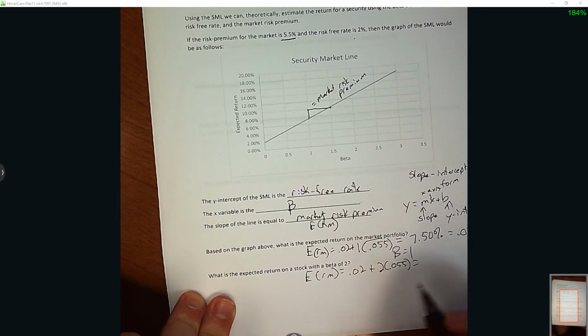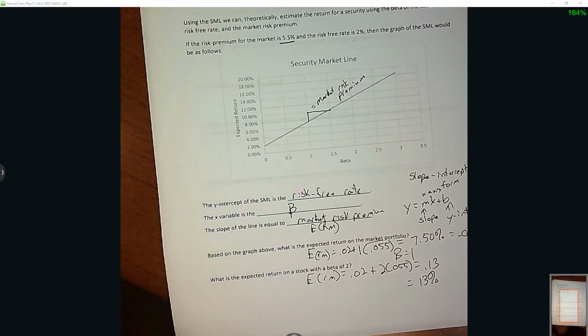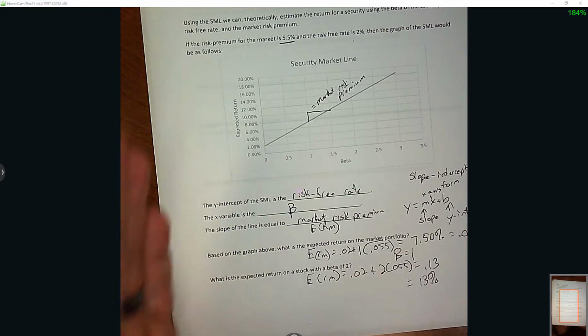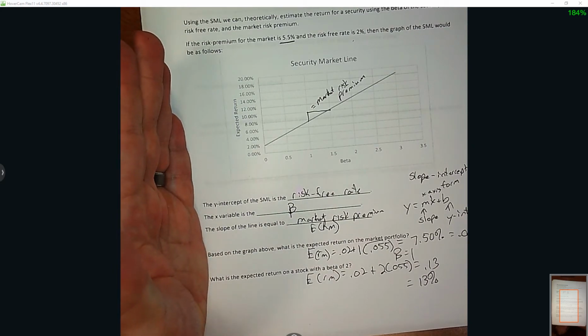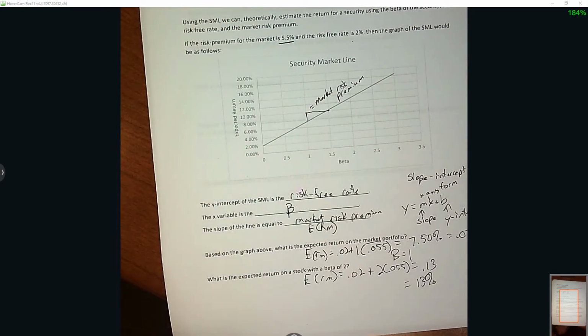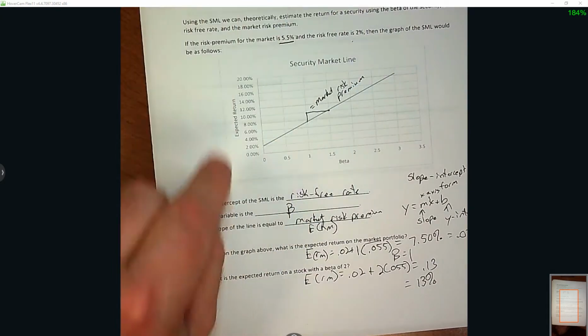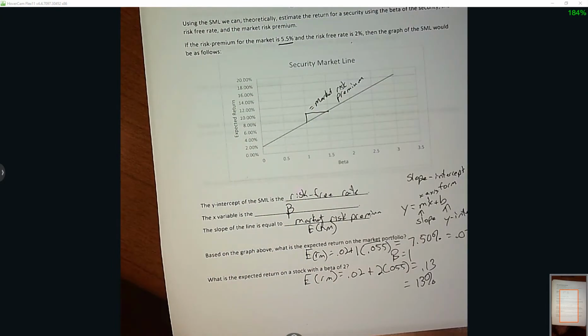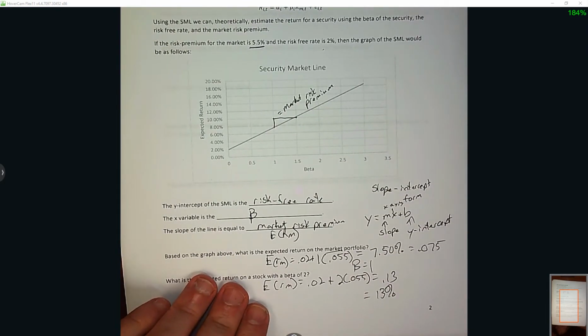And so 2 times 0.055 is 0.11, 11%. Plus 2% would give us 13%, 0.13. Okay. So again, if I know the risk-free rate and the market risk premium, and I believe that the CAPM is correct, then for any asset, if I get the beta, I can tell you what the expected return is for that individual asset.